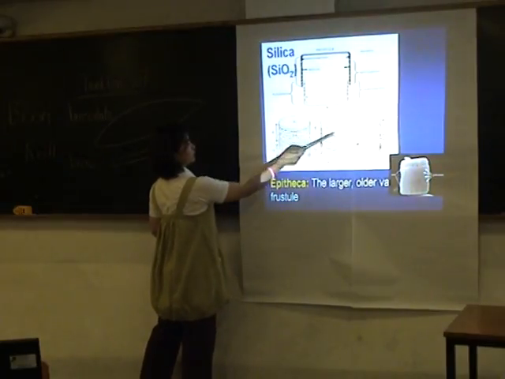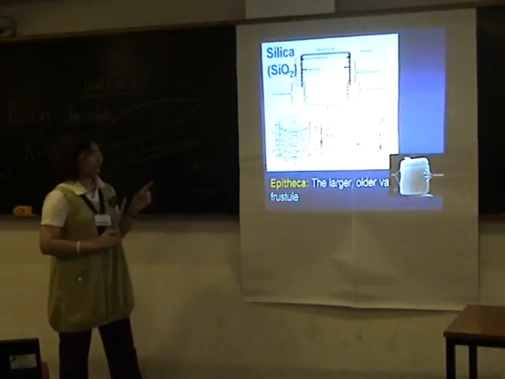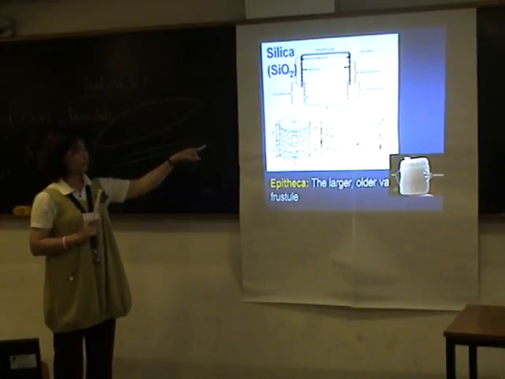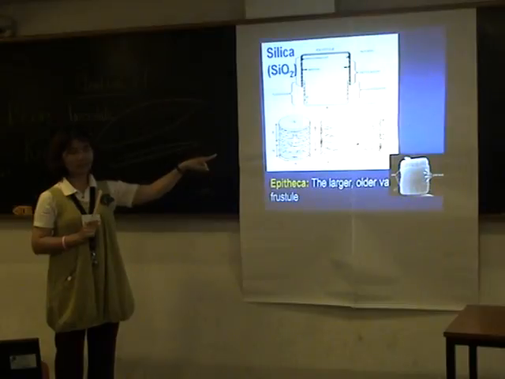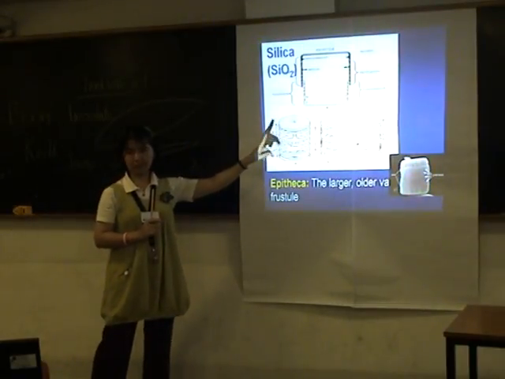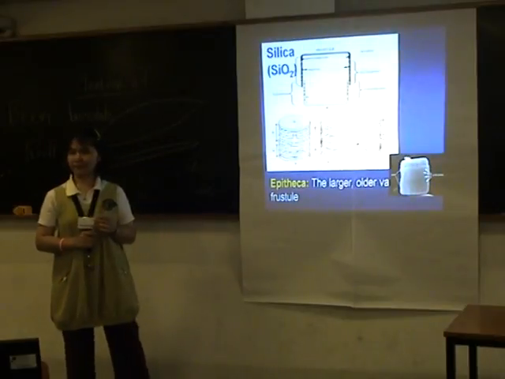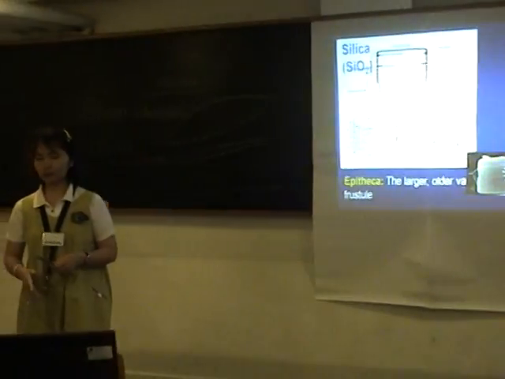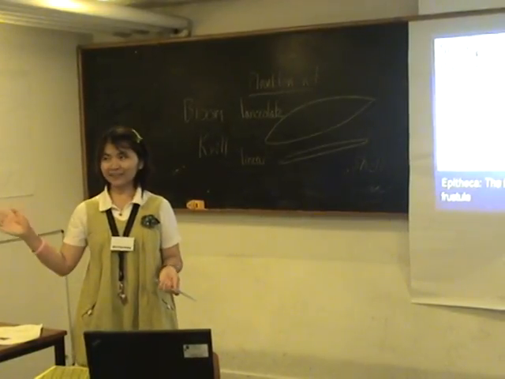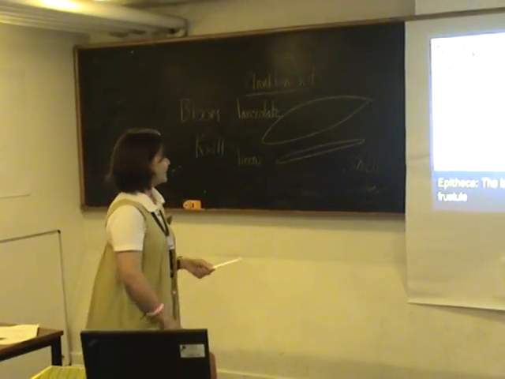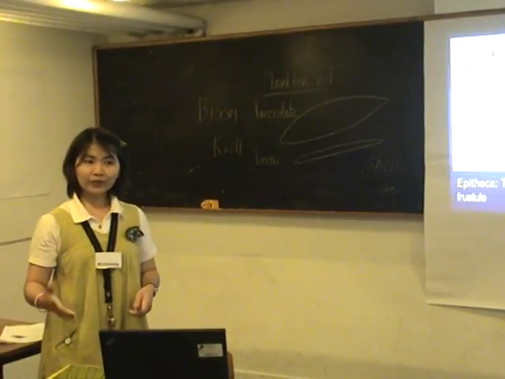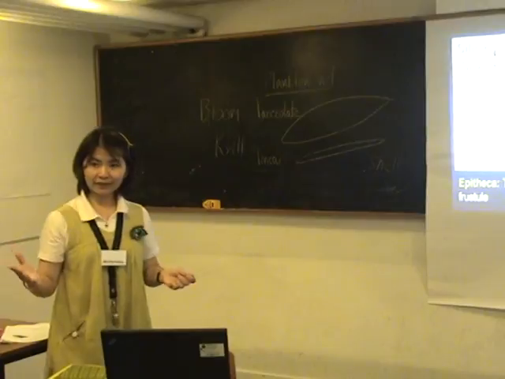We use that to separate diatoms into two groups. It's centric diatoms and, I'm sorry, centric diatoms and pennate diatoms. But I don't want you to know so much because this is the first class. Maybe next time I will tell you. It's easy to know today. Now can you imagine the cell of diatom?